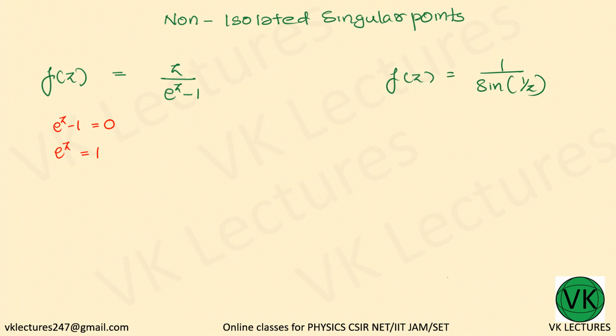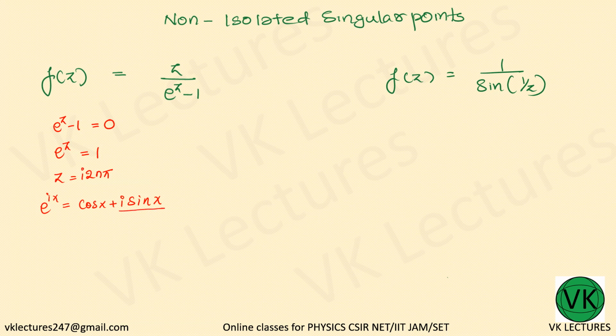So if e to the power z should be equal to 1, then z should be 2n pi i, because we know e to the power i x is equal to cos x plus i sin x. So e to the power z equal to 1 means there is no complex term, so this part can be removed.